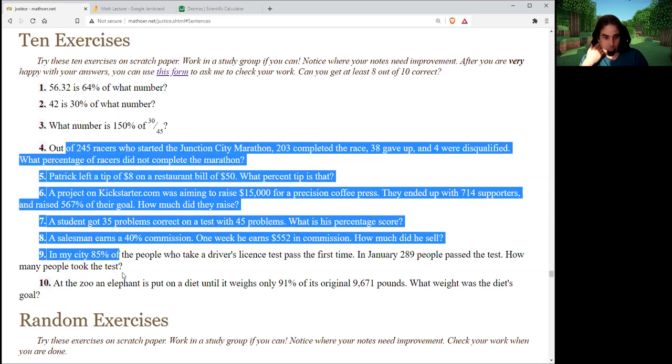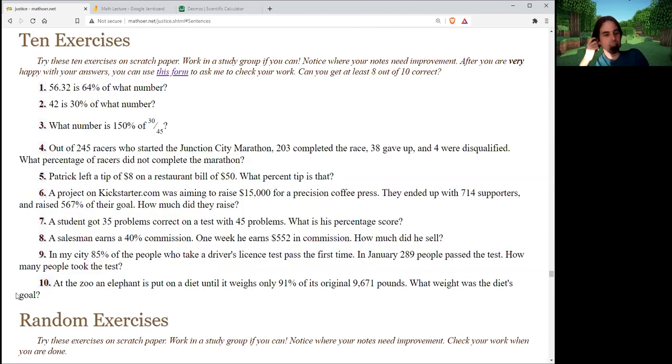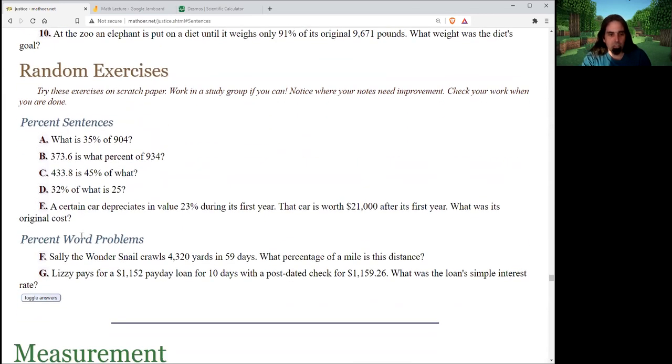And then we have word problems. So that's all that happens. Some of these might have a tricky thing at the end, maybe. The random problems have the plain percent sentences and the ones with word problems.